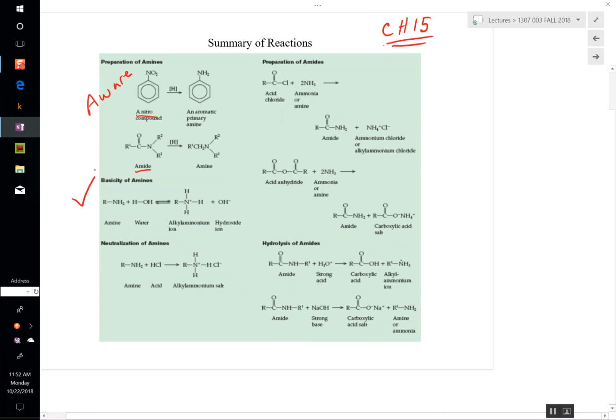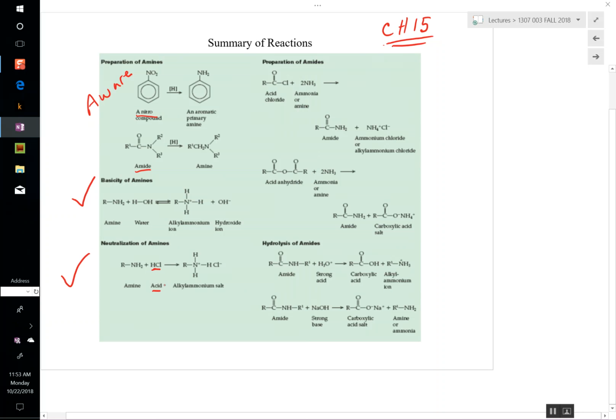You should be able to write out a reaction of an amine with water to form the ammonium ion and the hydroxide ion, showing that it is a weak base. It's causing water to dissociate to form the hydroxide ion, so it's a weak base. Because it is a base, it can react with an acid. Just don't worry about any other acid than HCl, hydrochloric acid.